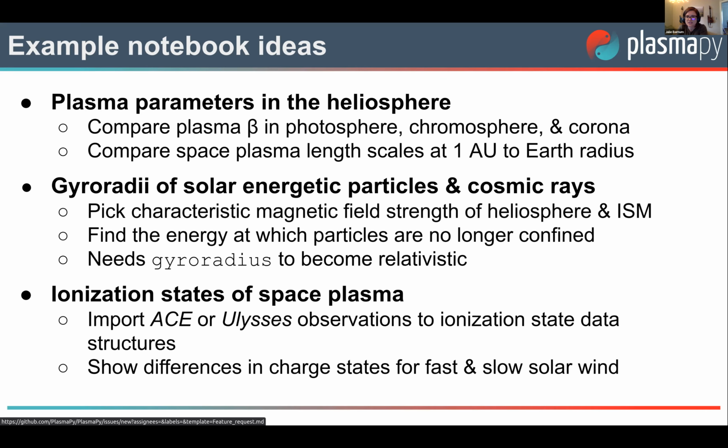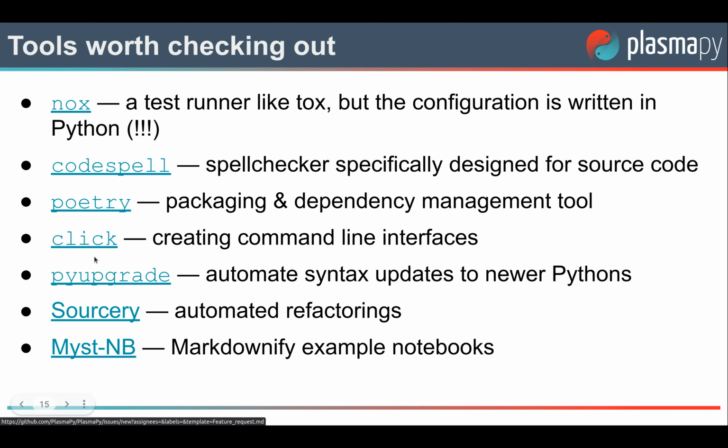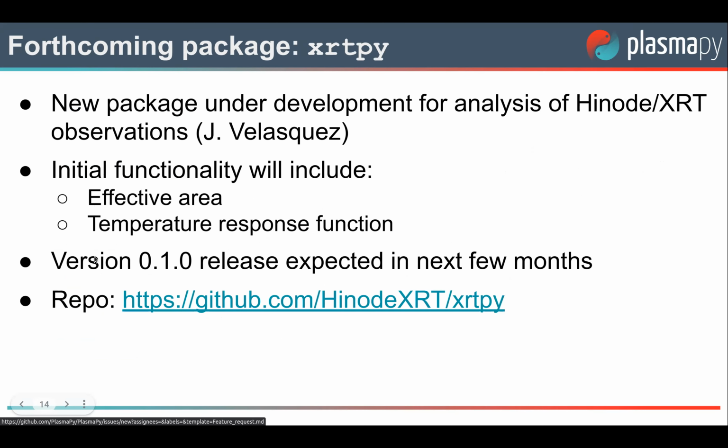Hi, Nick. I had a question about your XRT slide for the temperature responses. How are you computing the temperature response? Are those just tabulated from somewhere, or are you folding the contribution functions through the effective area, that whole song and dance? We're pretty much using a lookup table.